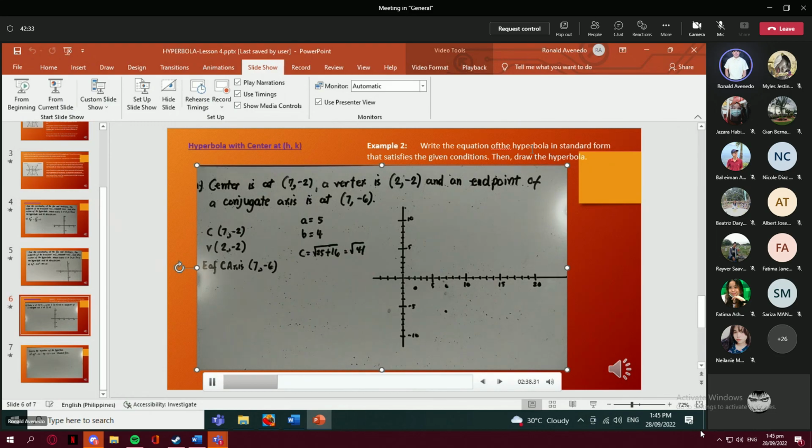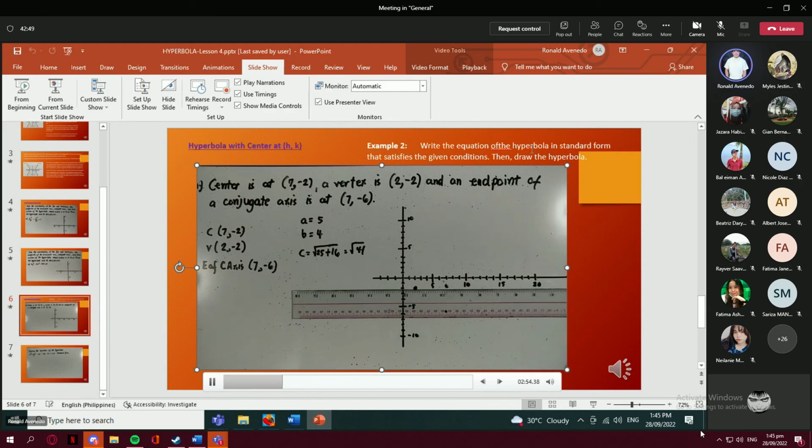By looking at the position of the points, the center and the vertex, if we connect them, it will form a horizontal line.